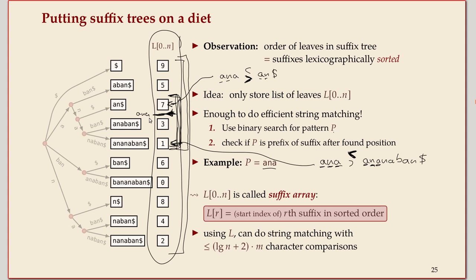We can do a second search for Anna plus a character that's bigger than all the other characters. That would give us this position, the end of the Anna interval. As you might notice, the two suffixes that start with Anna are next to each other in the suffix array. They have to be adjacent because the array is sorted.